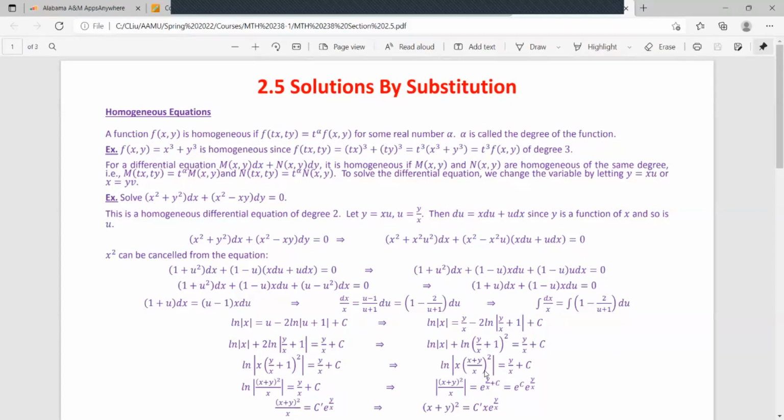So just be careful on each step when you try to simplify the expression. So that becomes x plus y over x squared in here.